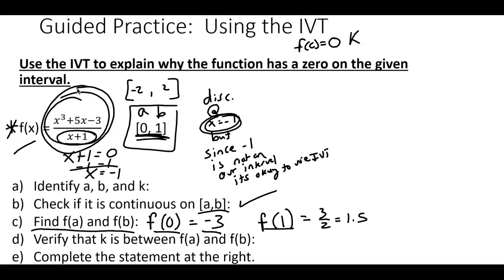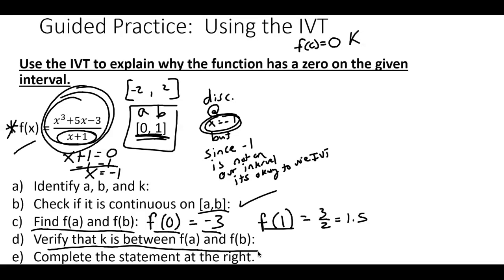Now, next question. Verify, make sure, see if it's true. Is it true that k is between f of a and f of b? So, you guys see, is our k value between f of a and f of b? Pause the video here and see if you can figure that out. When you're done, unpause it and you'll see.